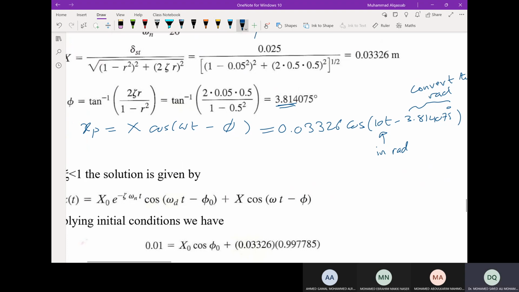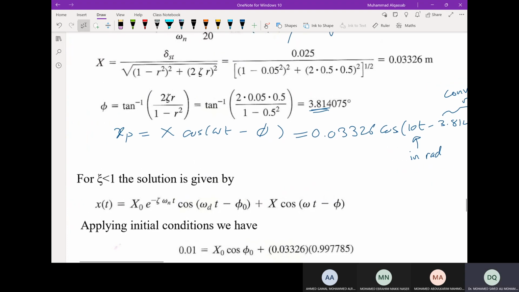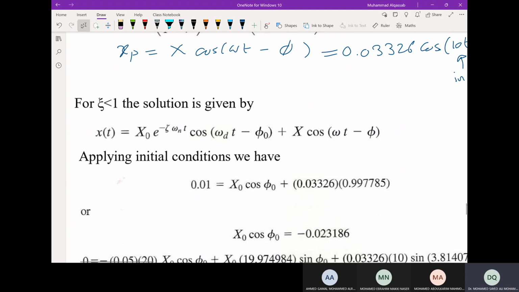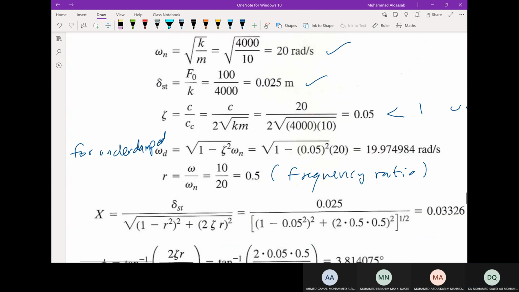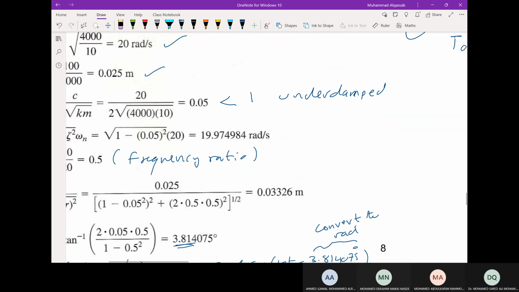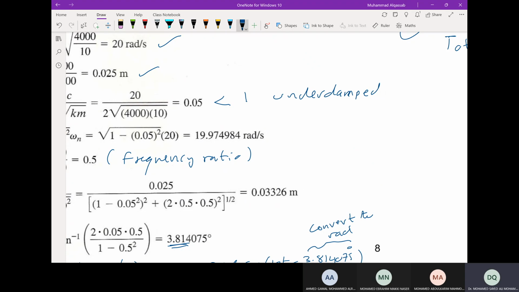Okay, since zeta is less than 1, the homogeneous solution, one form of the solution, is given by x h equals X0 e to the power minus zeta omega n t, times cosine of omega d t minus phi 0. You can use cosine or sine.